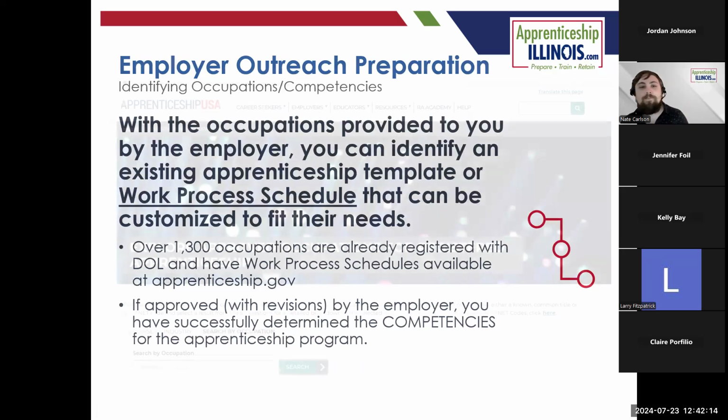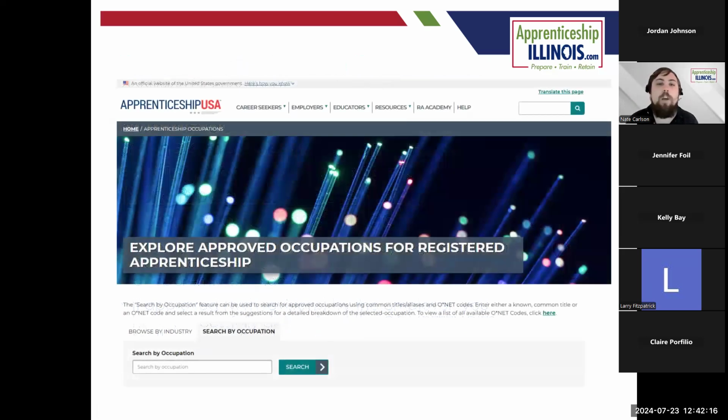And so if we go on apprenticeship.gov, we're going to navigate to the Occupation Finder app on there. You can do that from the home page. You see up at the top, you can actually navigate there from the resources or educators or employers tab. So almost no matter what you click on the website, if you find Occupation Finder, you can get to this page.